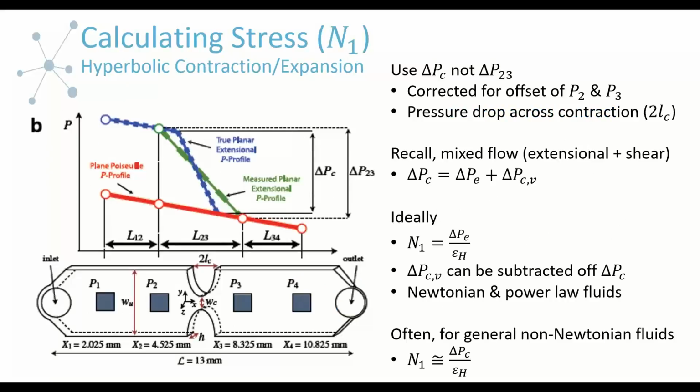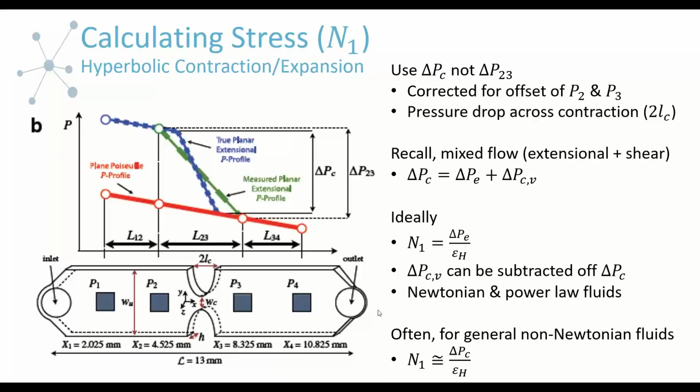Okay, so the next thing we need to calculate our extensional viscosity is how we're going to calculate the first normal stress difference. This again is going to come from our pressure sensors. We need to figure out how to relate the pressure drop across the contraction extension to calculate this normal stress.